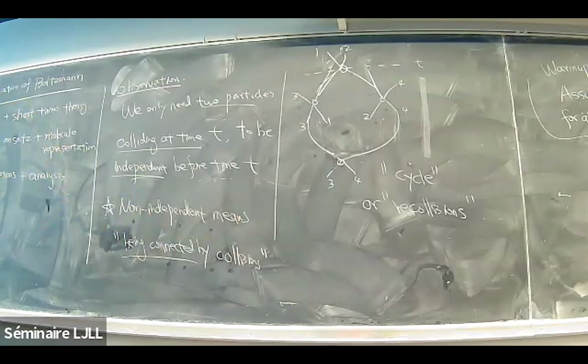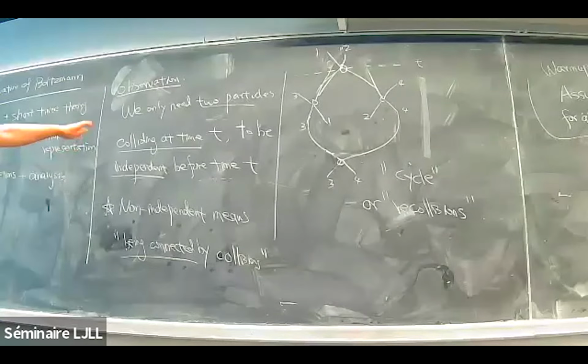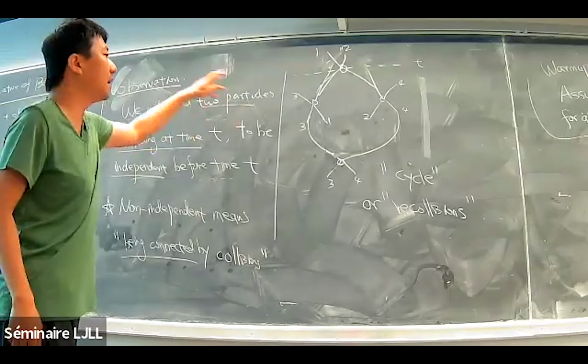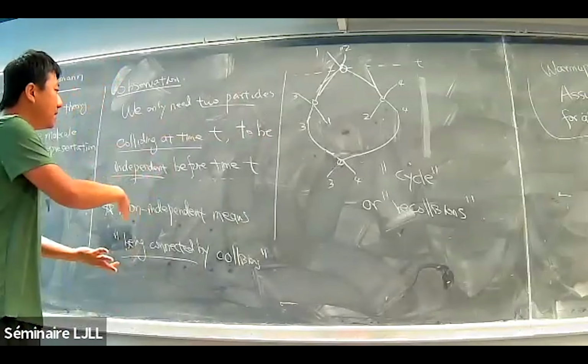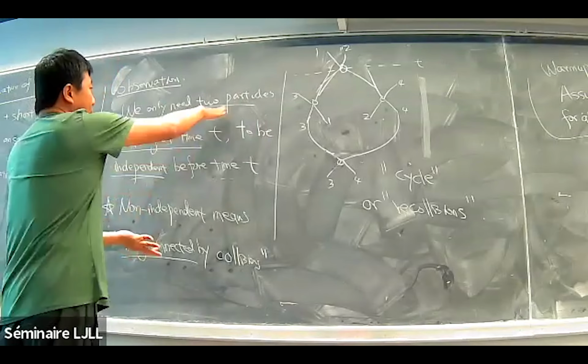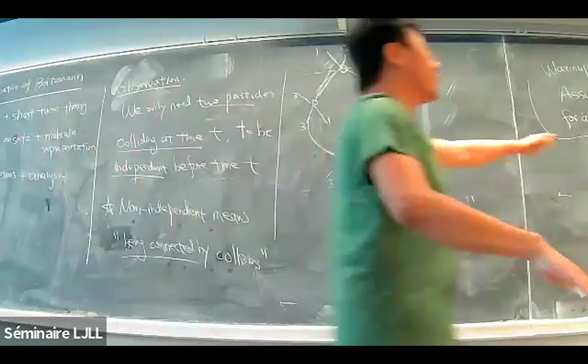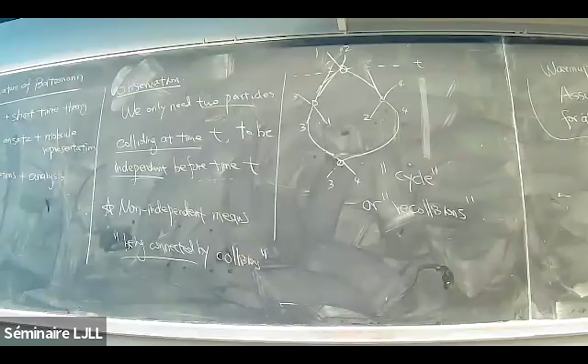It vanishes in the limit. And if you show this, then we'll see that 2 particles that collide will, with high probability, be independent before the time of collision. So then you can apply these kinds of arguments.